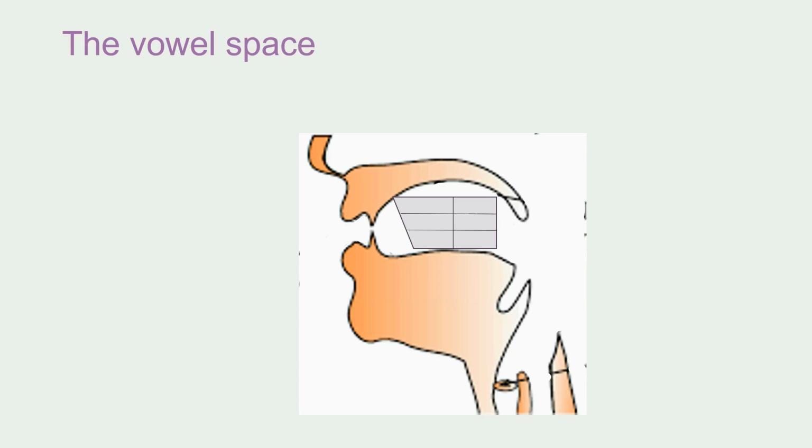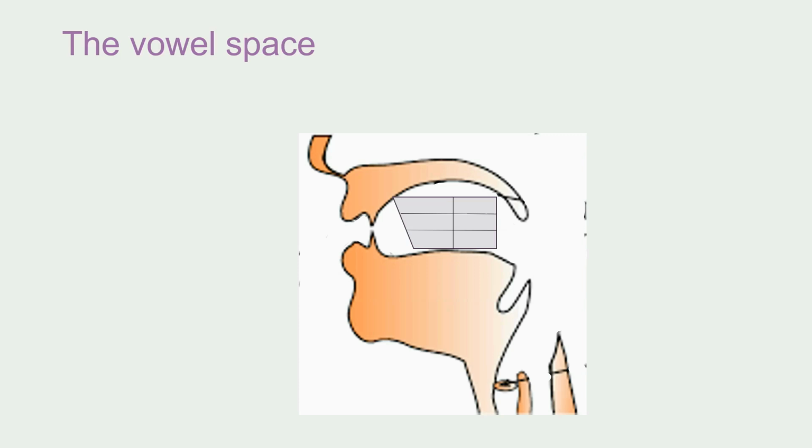What they do is represent this space inside your oral cavity in a diagrammatic way using this particular shape. Note, this shape is bigger at the top than it is at the bottom, and what that represents is the fact that your tongue is fixed at the bottom, where the root of your tongue is actually affixed to the bottom part of your jaw.